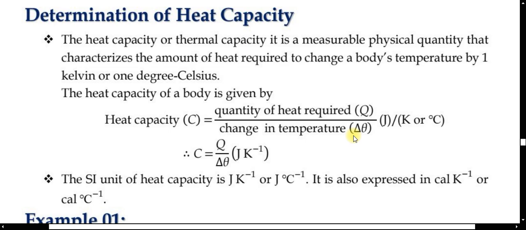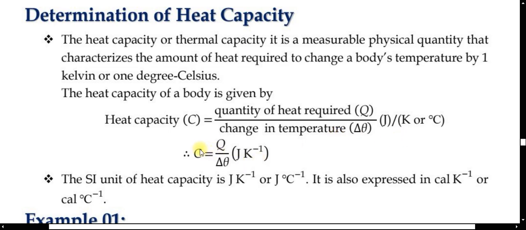Which is 1 degree Celsius, if the temperature changes by 1 degree Celsius. So heat capacity will be equal to quantity of heat required over change in temperature. But the quantity of heat is measured in joules, and change in temperature is measured in Kelvin or degrees Celsius.